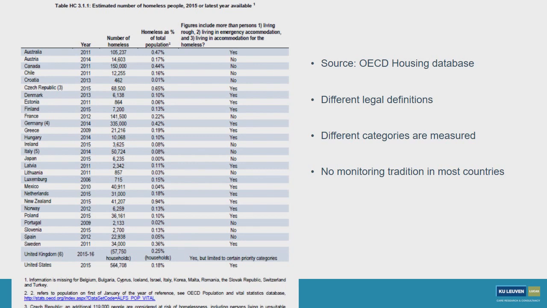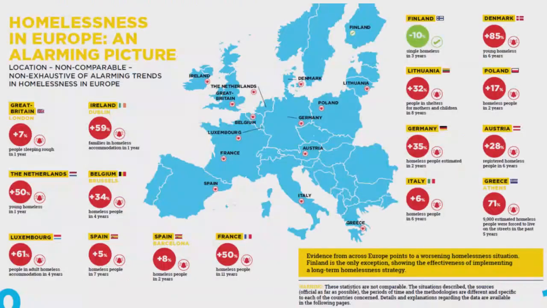And it all has to do with the definition of homelessness. In all these different countries, different legal definitions are used to define homelessness. Different categories are measured. So if you go back to the last slide, you see these red lights, but you can't compare these data because all these red lights are pointing to different target groups and different definitions of homelessness.